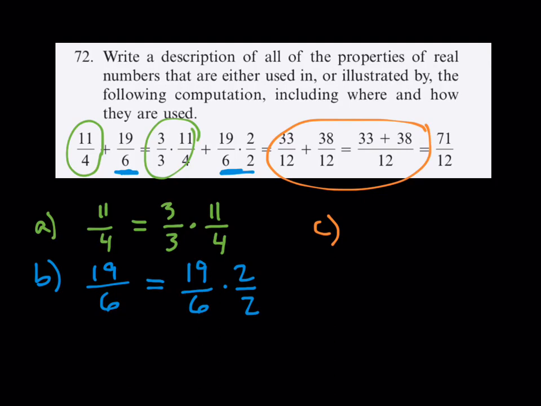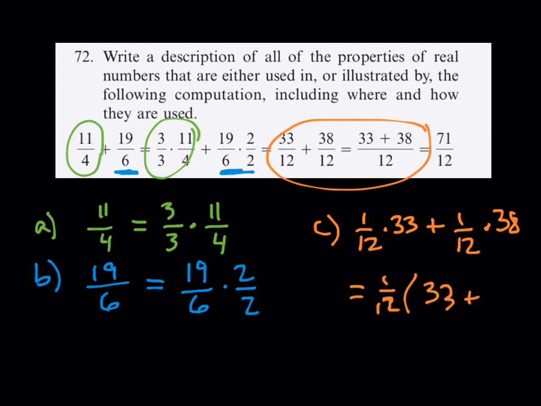Okay. Another clue would be to think of this as 1/12 times 33 plus 1/12 times 38, and then that's being replaced with 1/12 times 33 plus 38. Okay, so what property says that that's true?